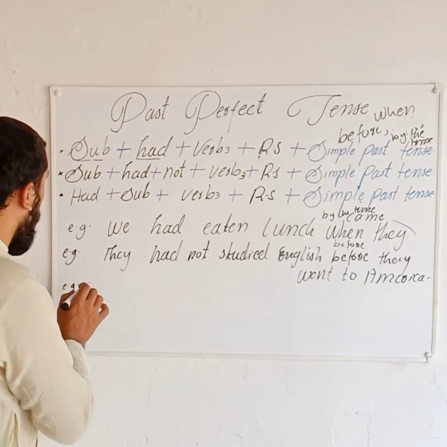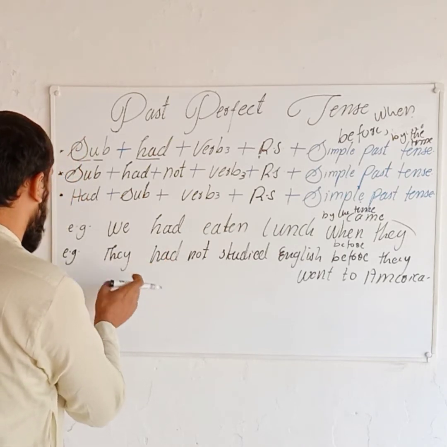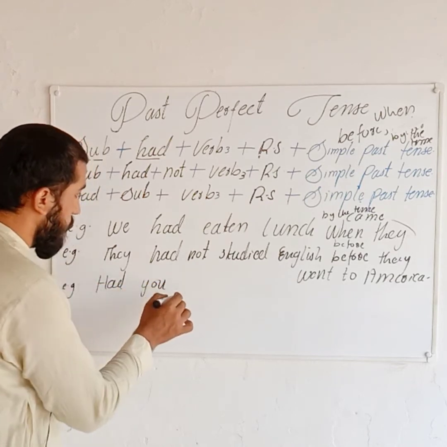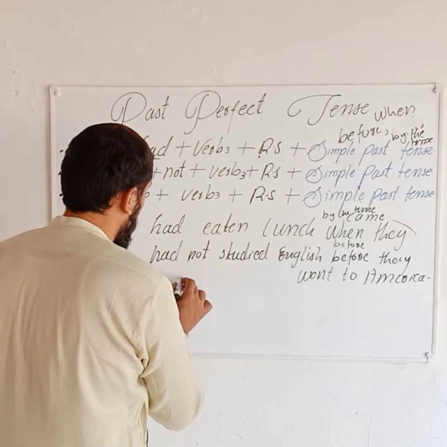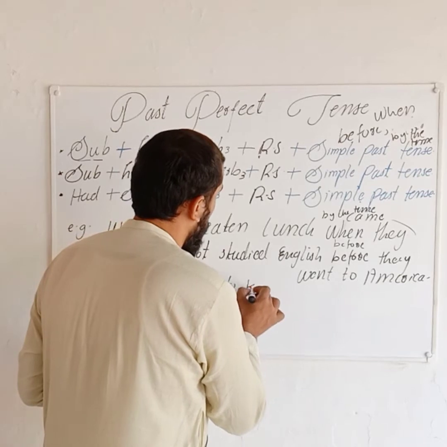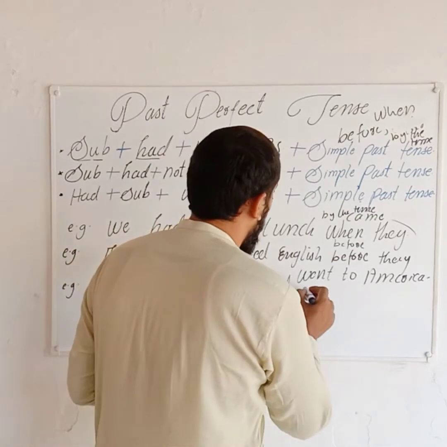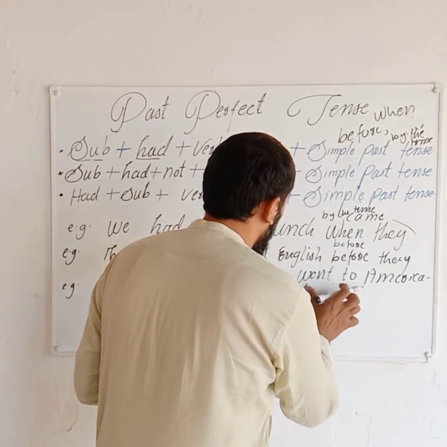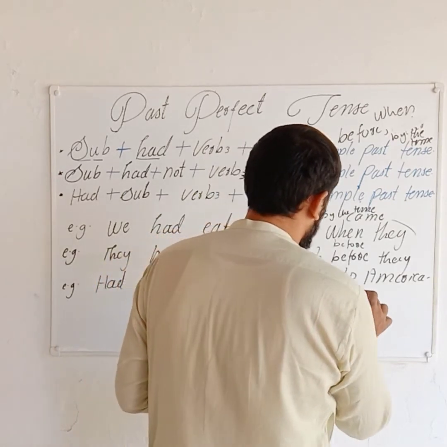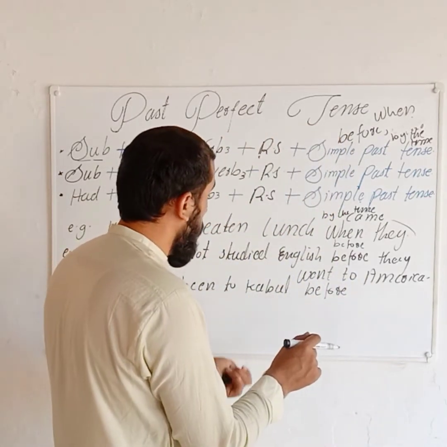If you want to go for interrogative, you can bring this helping verb of past perfect tense to the beginning. You can say, had you been to Kabul? Had you been to Kabul before?